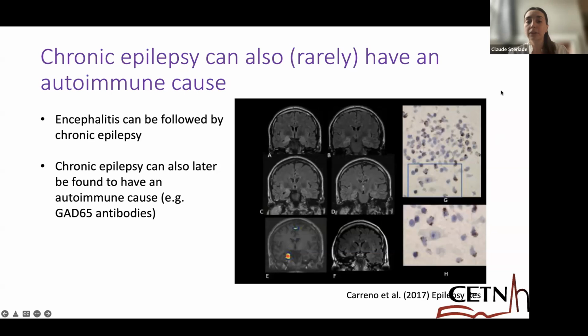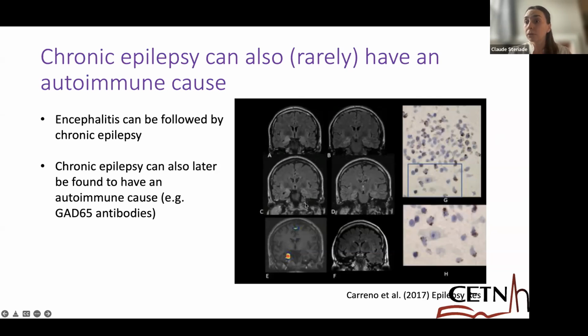On the top panel, you can see the acute MRI in a patient with MA2 antibodies, where you can see bilateral mesial temporal FLAIR changes, worse on the right. After follow-up, there is development of atrophy, mostly on the right, again with associated FLAIR changes. So it looks like this patient is developing hippocampal sclerosis.